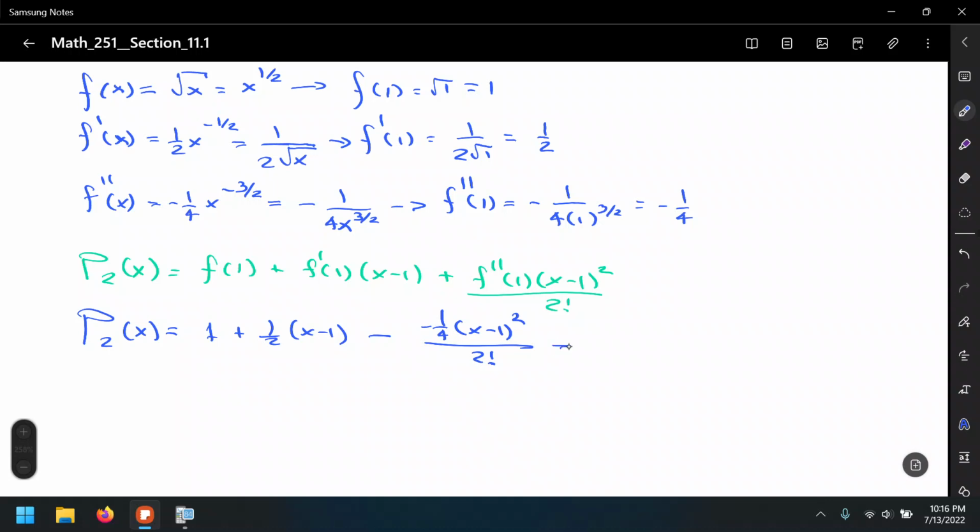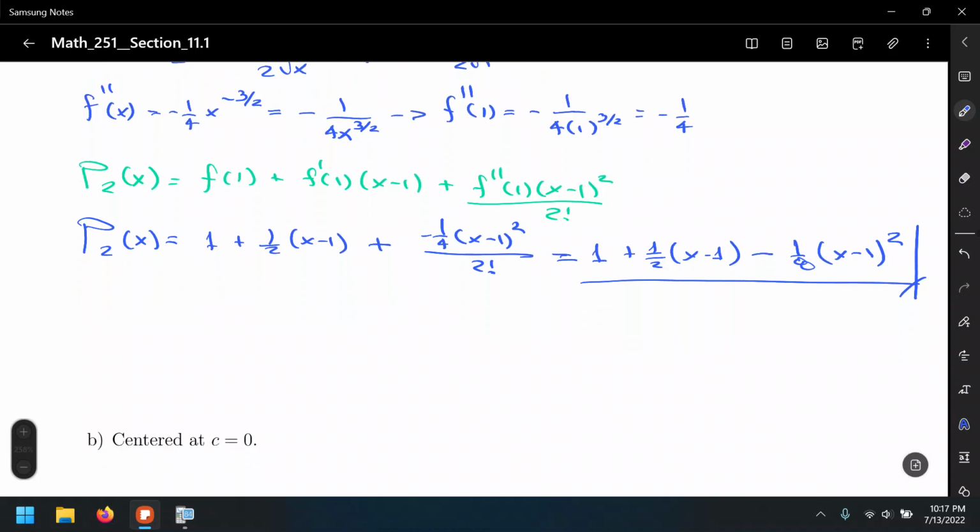This will be 1 plus 1/2 (x minus 1), minus a negative equals plus. Oh wait, no, that's a plus and that's a minus. That's 2 factorial, which is 2, times 4, that should be an 8, (x minus 1) squared. And that's our second degree polynomial.